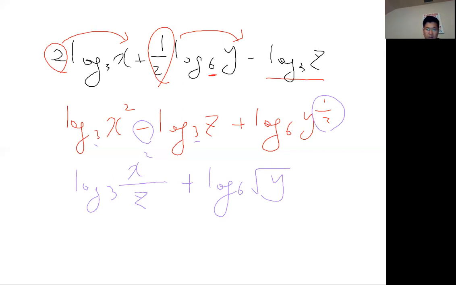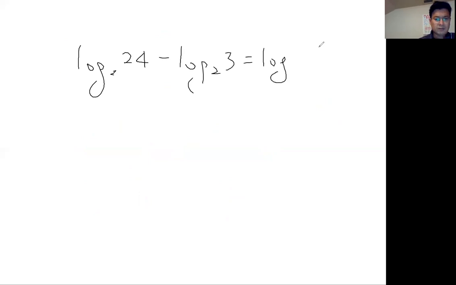The next question. Log base 2 of 24 minus log base 2 of 3 is equal to log base 5 of x. Since we have the same base 2 and 2, we can put them together as division.